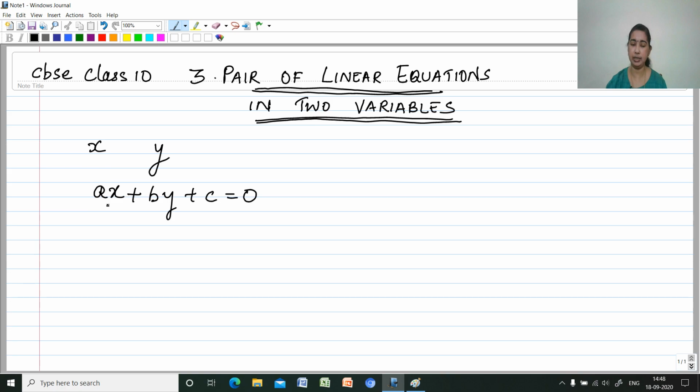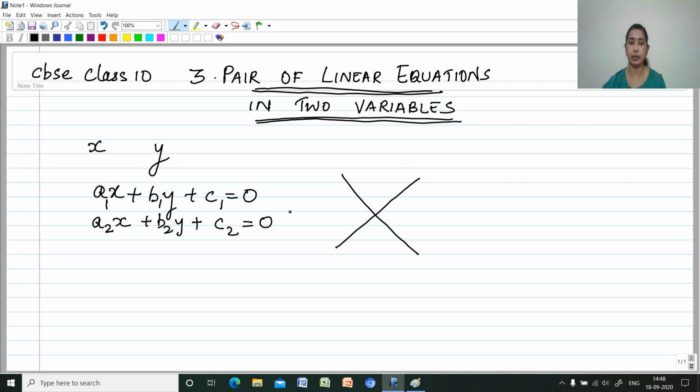Let the first linear equation be a1x plus b1y plus c1 is equal to 0, and the second linear equation we are considering is a2x plus b2y plus c2 is equal to 0. These are the two linear equations. Linear equation means they will all be straight lines.